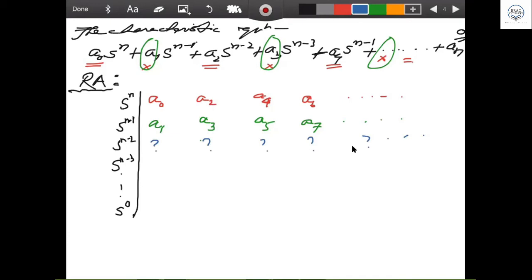So how did he get the third row? Let's say the third row he assumes B1, B2, B3, B4, that way. Now, where did he get the values of B1, B2, B3 from?